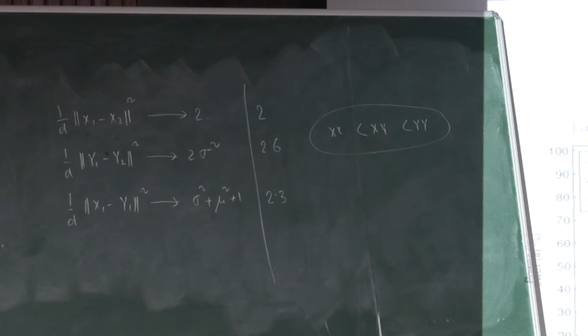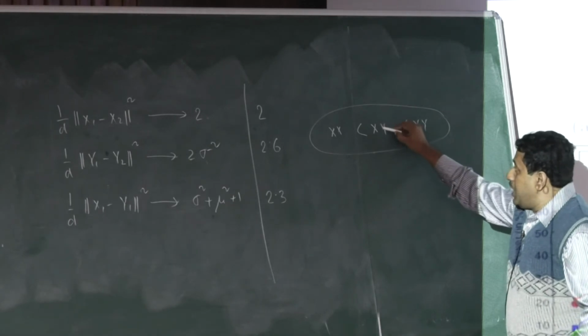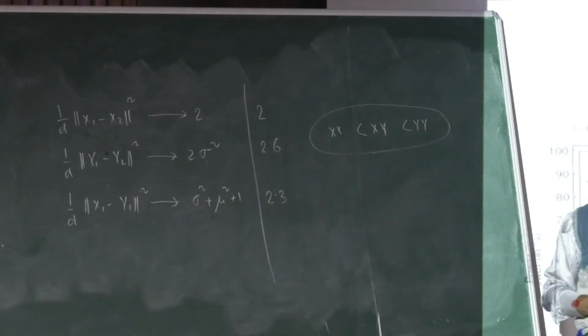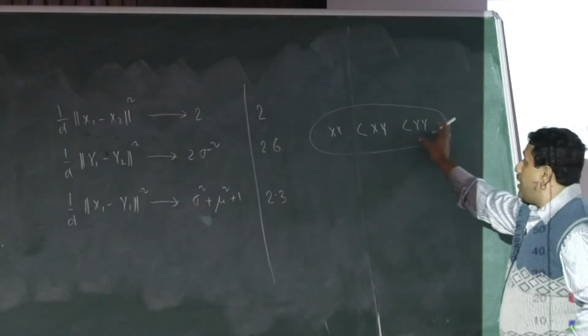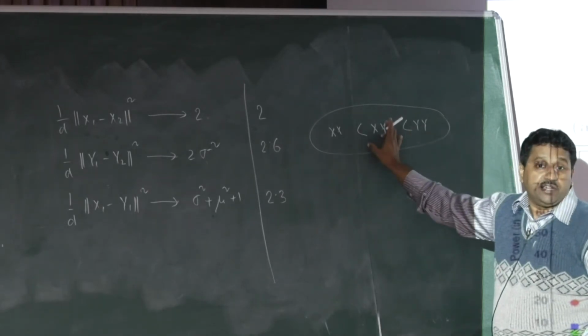So if I look at the neighbor of any x observation, I do expect to get a neighbor from the x observation itself. But if I try to find the neighbor of a y observation, what will happen? I do not expect to get neighbors from y observations, because the yy distances are much bigger compared to xy distances.